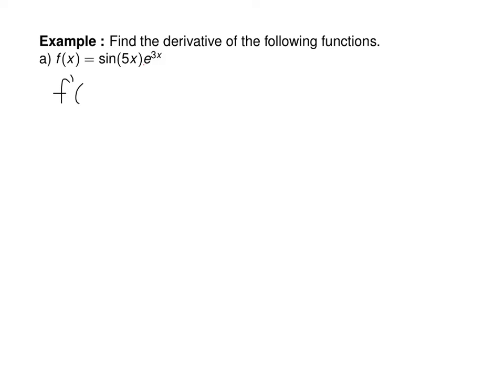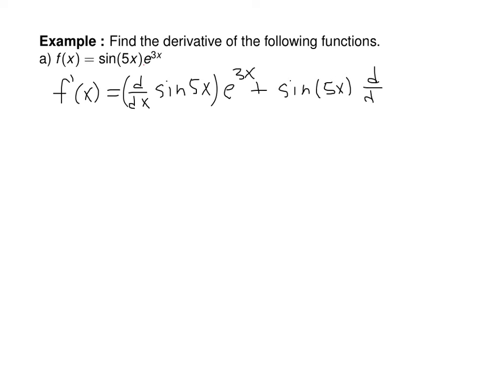F prime of x will equal, first we differentiate sine of 5x. We have the derivative of sine 5x multiplied by e to the 3x. And then plus, in this next part, sine of 5x is left alone, and you differentiate e to the 3x.